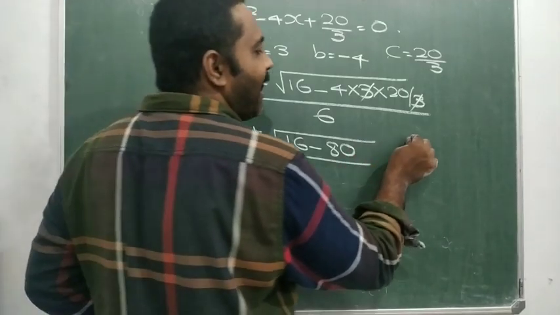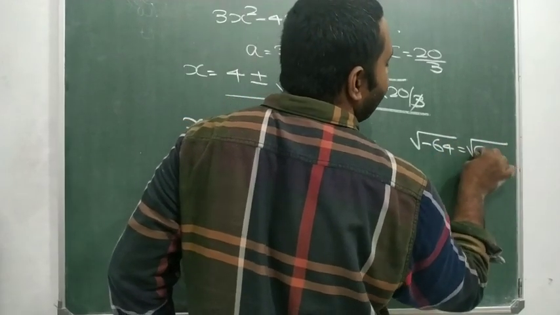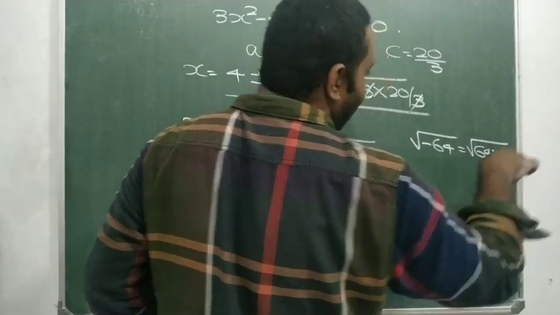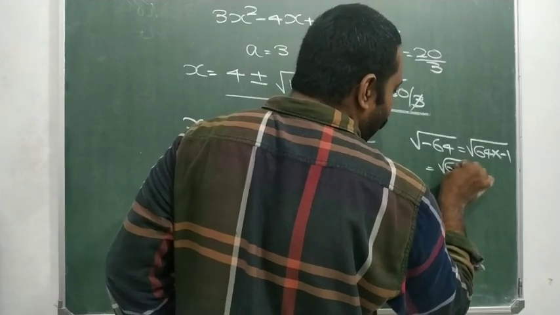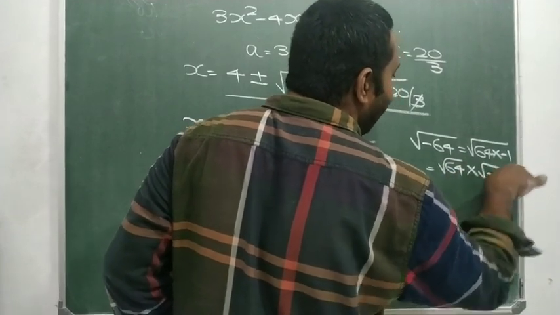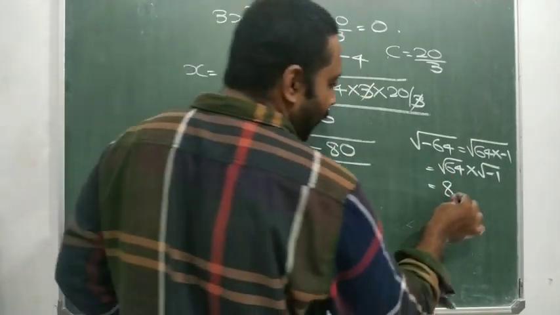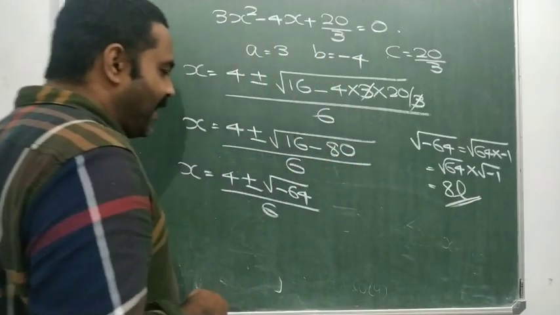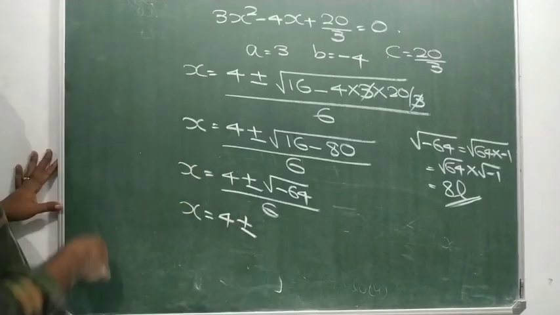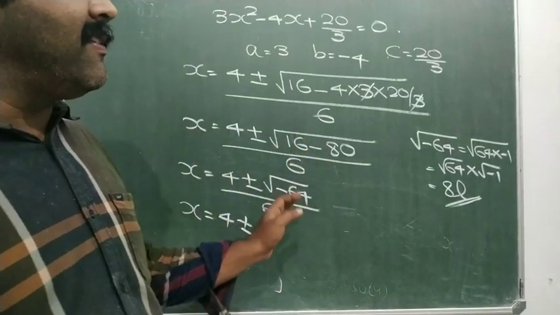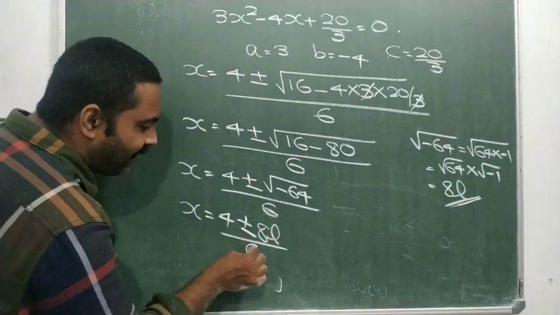Then how can we write it? Minus 64, that is root of 64 into minus 1. Am I right? That is root 64 into root minus 1. What is root 64? 8. What is root minus 1? i. That is x is equal to 4 plus or minus, replacing root minus 64 by 8i, that is 8i by 6.